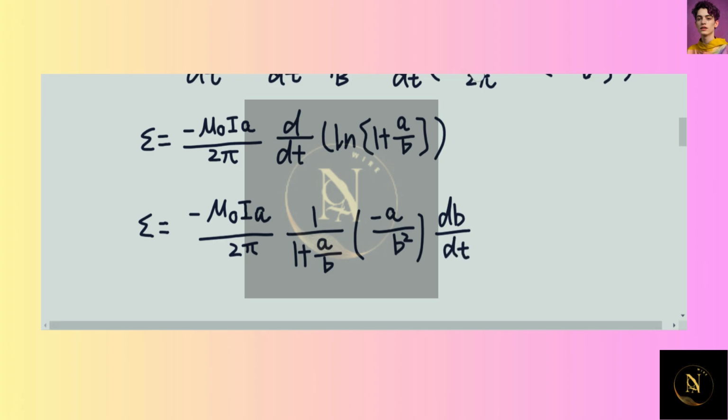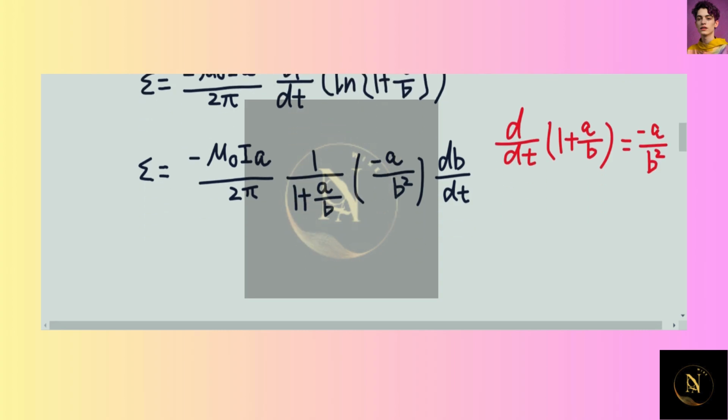Okay, because the derivative d over dt of 1 plus a over b is equal to negative a over b squared, and then we keep db dt there, so that's why it's still there.